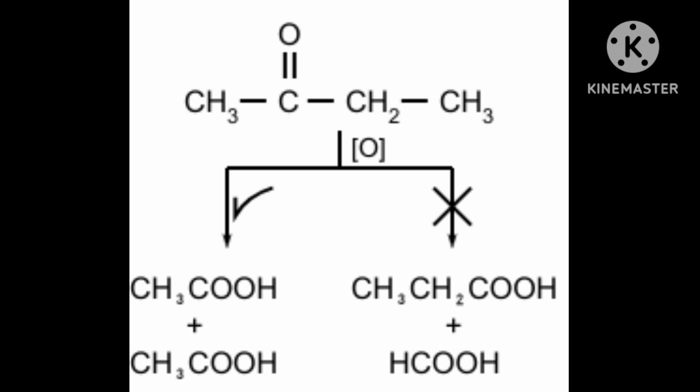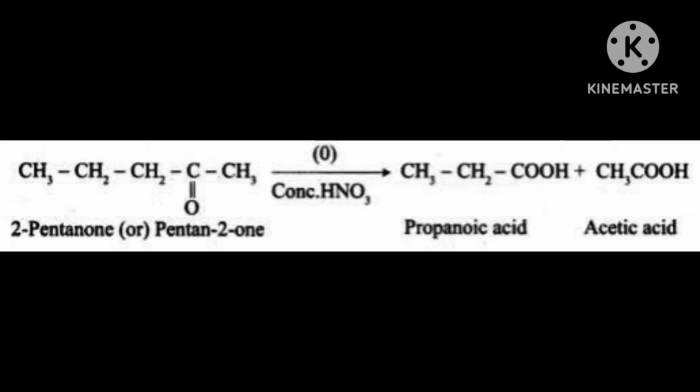Now one positive charge is still there with the carbon, due to the bond breaking. Then one oxygen atom will join by a single bond with this carbon, and the other valency will join with hydrogen.